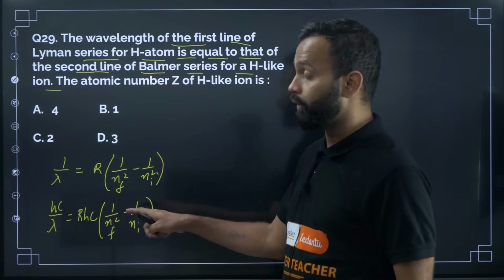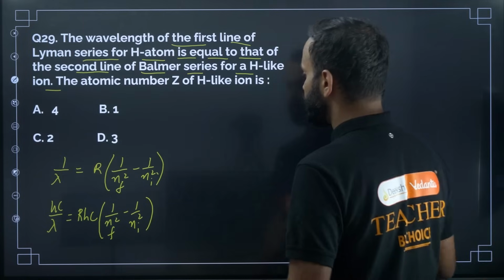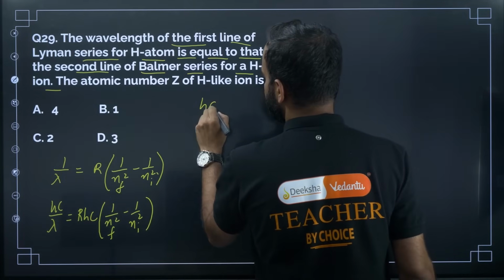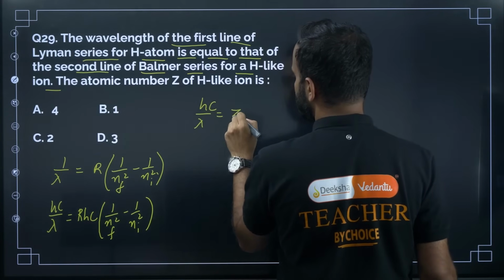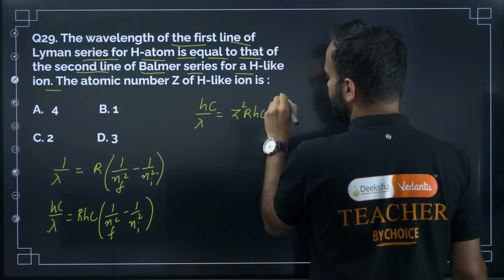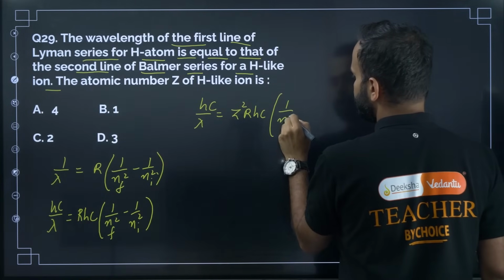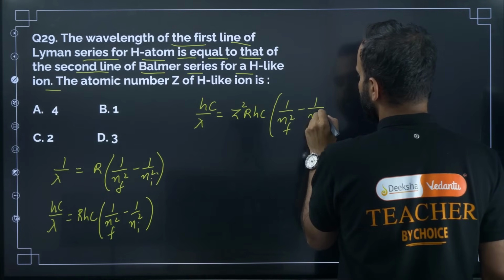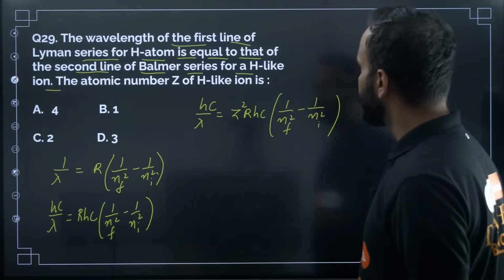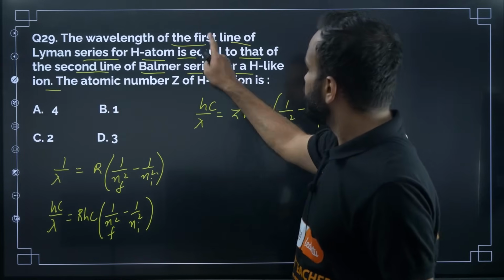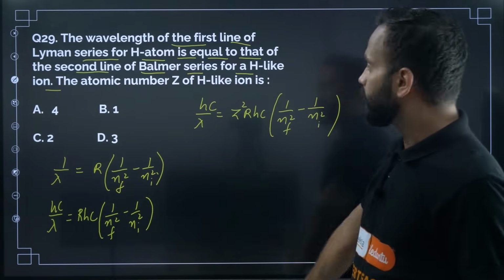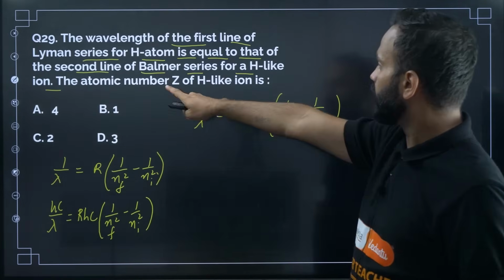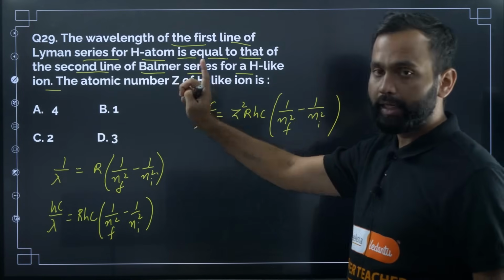So now this is for hydrogen atom. For hydrogen like atom, hc by lambda is equal to Z square into R into hc into 1 divided by Nf square minus 1 divided by Ni square. Here the wavelength of the first line of Lyman series for hydrogen atom is equal to that of second line of Balmer series for hydrogen like atom.